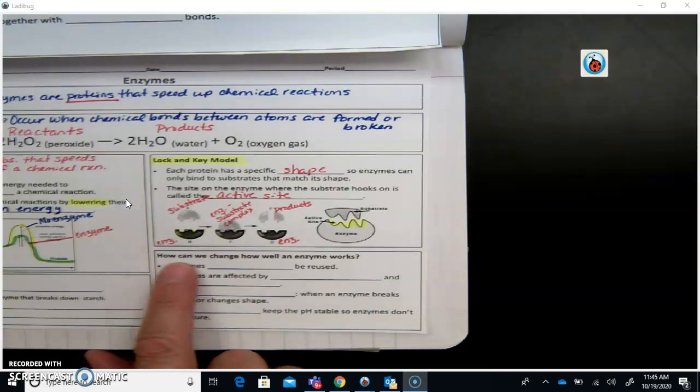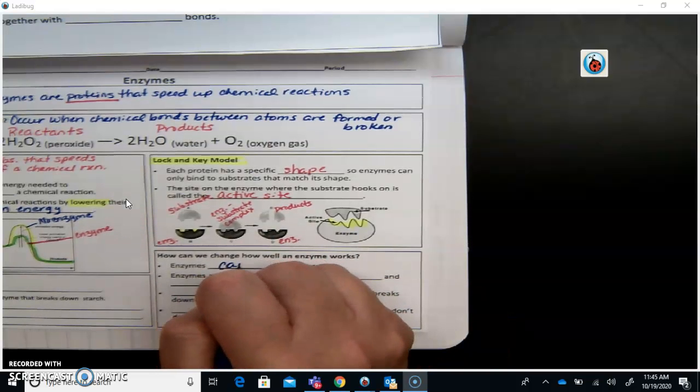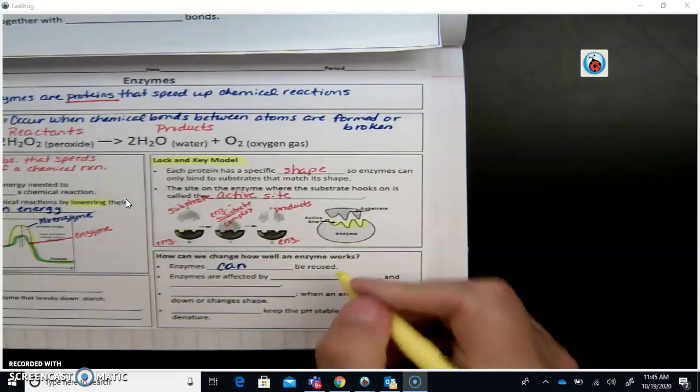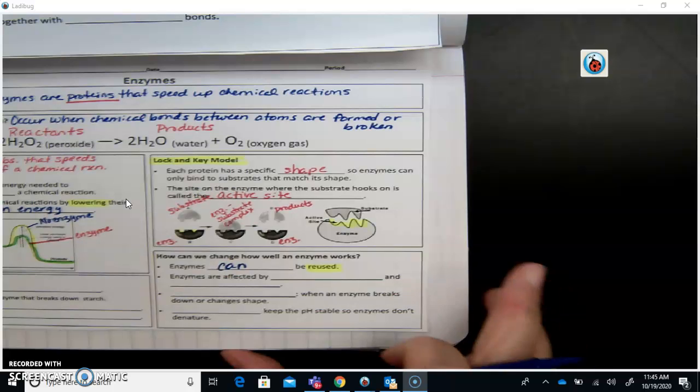Now, how can we change how well an enzyme works? Enzymes can be reused. They are reusable. There are certain environmental factors that can affect enzymes and how well they work.